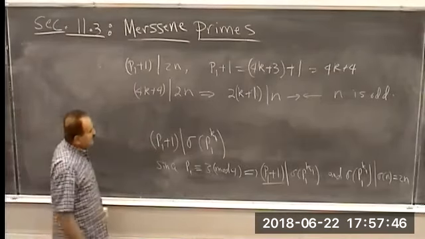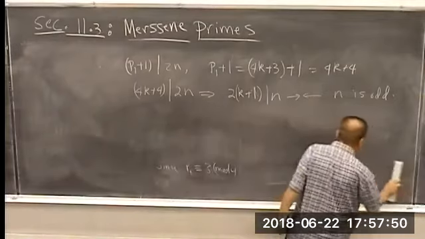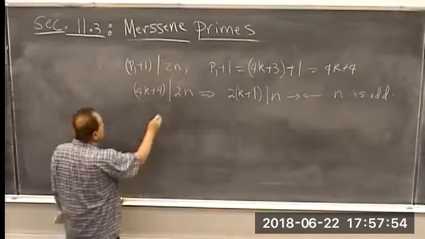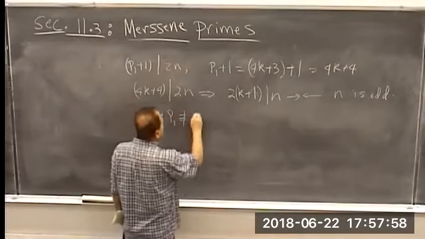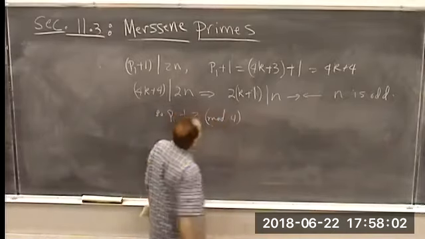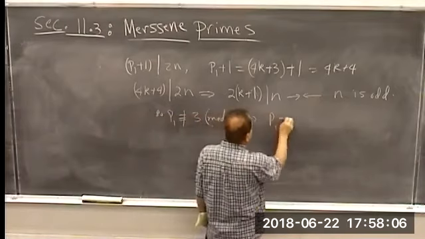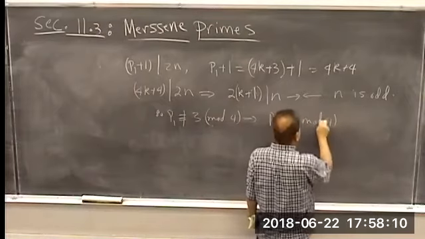Now let's look at the K. So therefore, basically, P1 is not congruent to 3 mod 4. So it must be of the other type of primes mod 4.